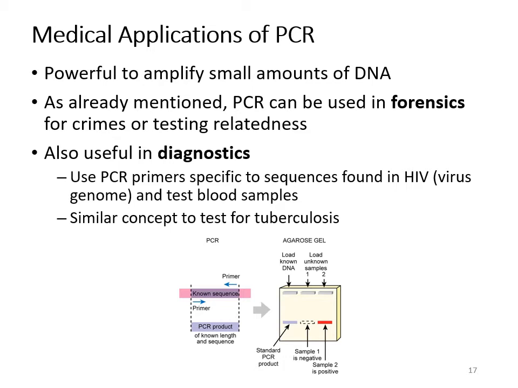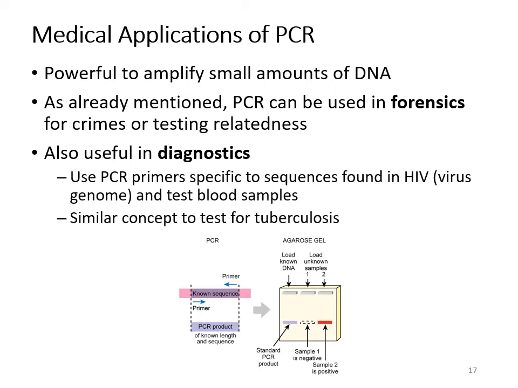For instance, you use primers that target sequences found in that virus or that bacteria, and you test your patient's blood samples or swabs or pus samples, anything like that, to see if this person's infected, the PCR primers will pick up the viral or pathogen genes and make copies of it. And you'll see those copies on a DNA gel, like on the bottom of this slide here. You can see bands when the amplification occurred.